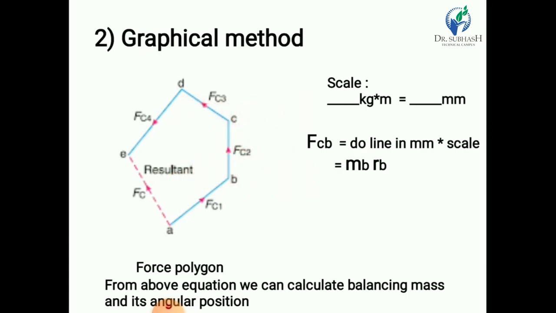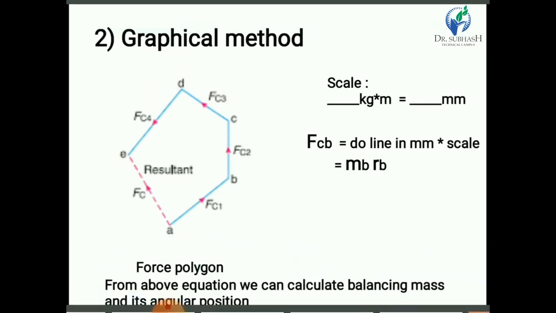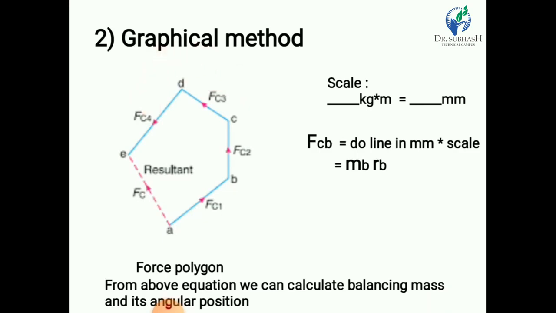Similarly, draw the CD line which makes an angle theta 3 with the horizontal, and similarly draw the DE line which makes an angle theta 4 with the horizontal, and the closing side, finally measure EO.